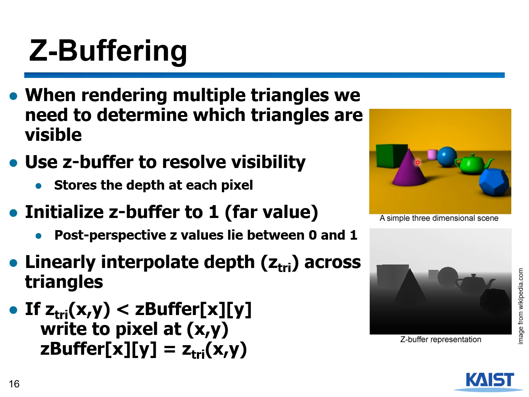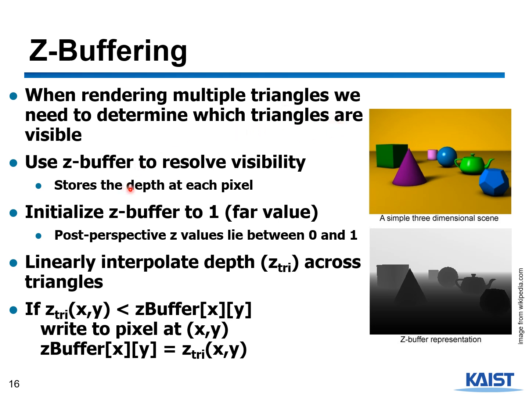So when you rasterize some of the dark green triangles here, we make sure that the dark blue triangle behind this cone is not visible, right? So when rendering multiple triangles, we need to determine which triangle is visible or not.